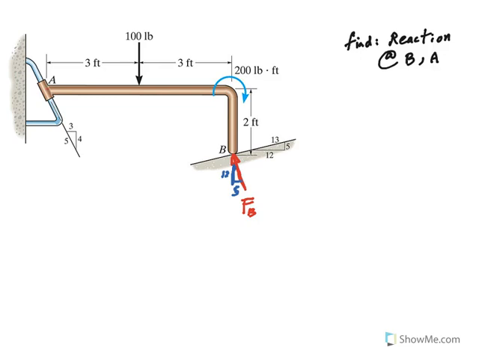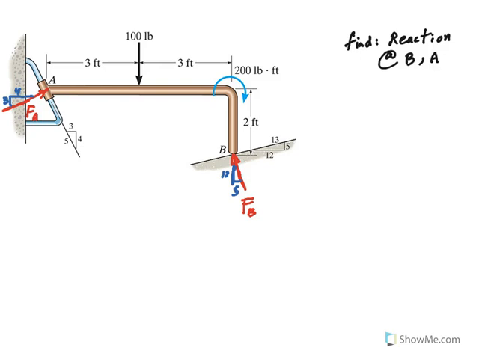At A, similarly, we're going to have a reaction. I'm going to call it F sub A, 90 degrees to that slope of 4/3, which implies that the slope of this force, let me extend it a little bit, is the inverse: the run is going to be 4, and the rise is going to be 3.